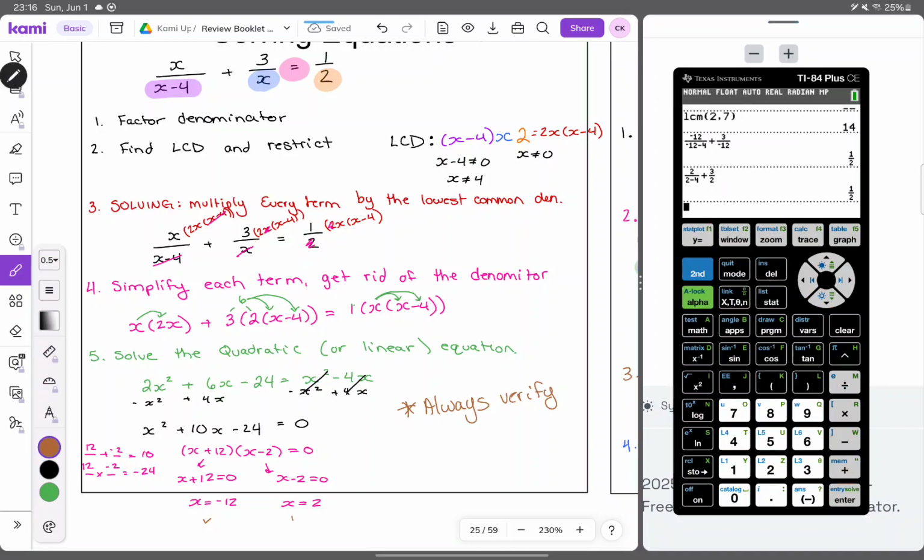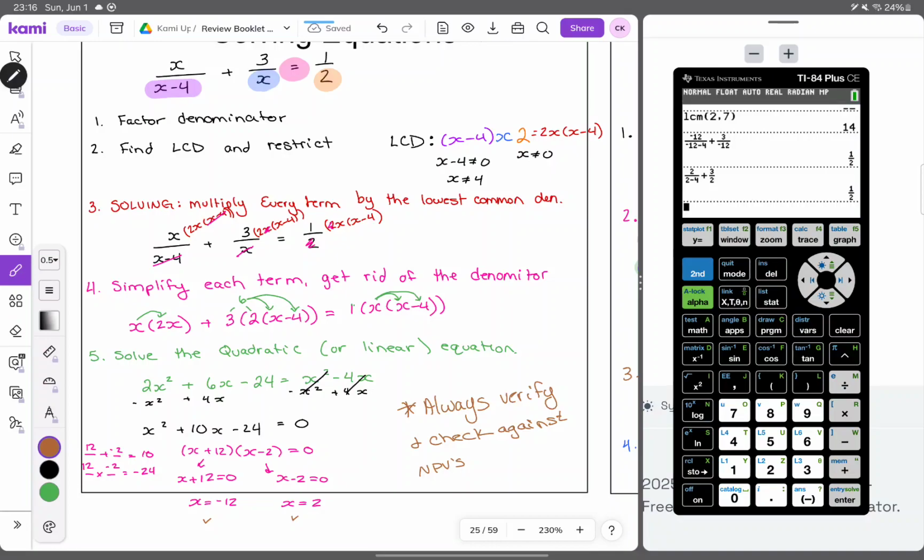That one works too. So you always want to verify, and you also want to check against your NPVs. Sometimes because we cancel out our denominators, our NPVs end up as answers down here. And we want to cross it out and say that this is not a solution. It is an extraneous solution.